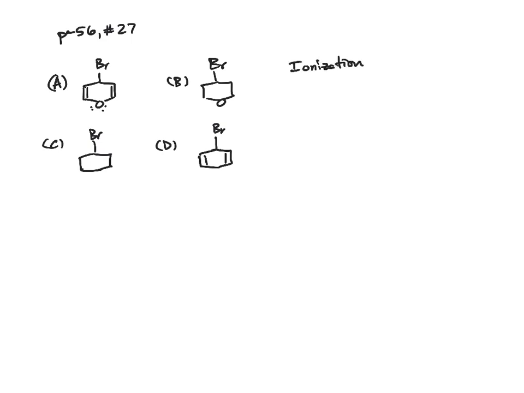So remember, in an SN1 reaction, ionization is a slow step. But if all of these things were in a flask competing, A would be the fastest one to undergo the reaction. So I'll draw it stepwise so that you see. So that's the bromine leaving. That's the ionization event.